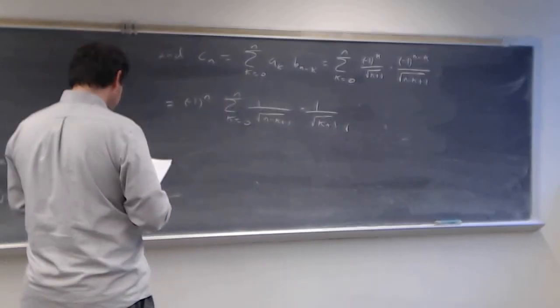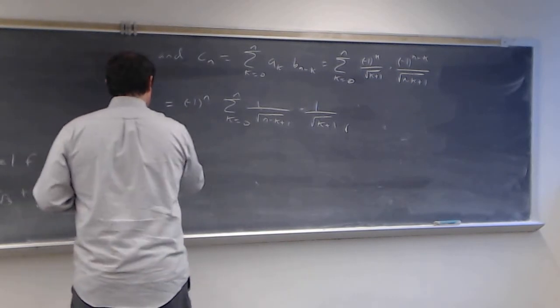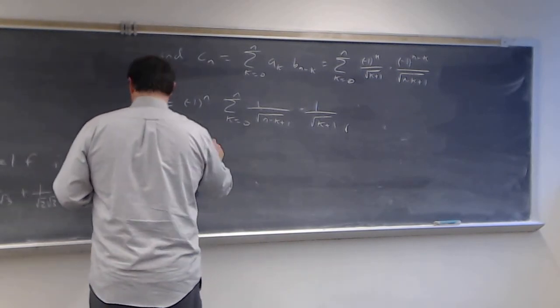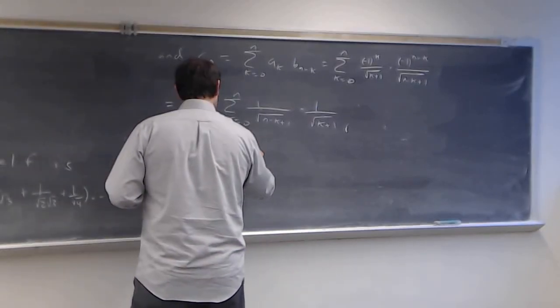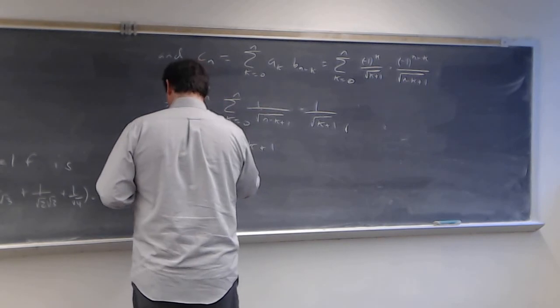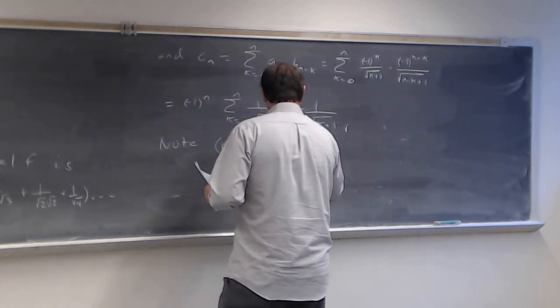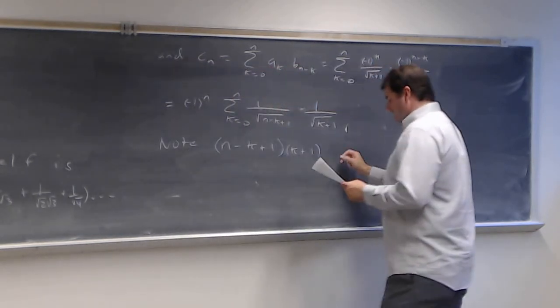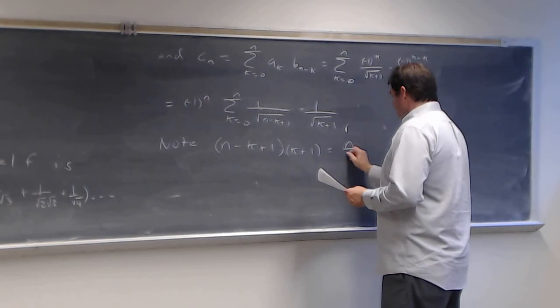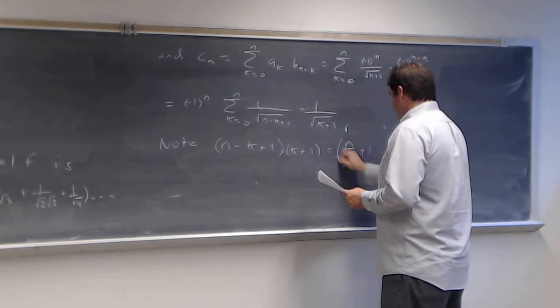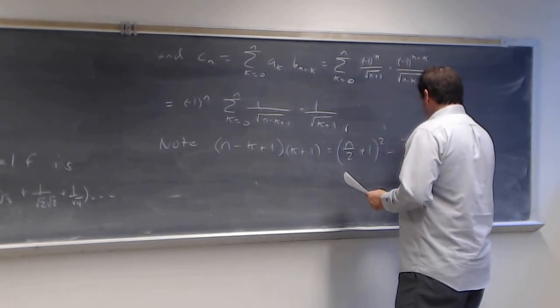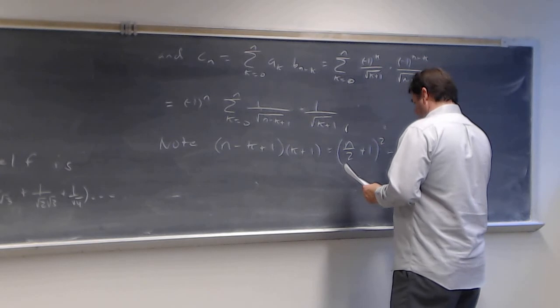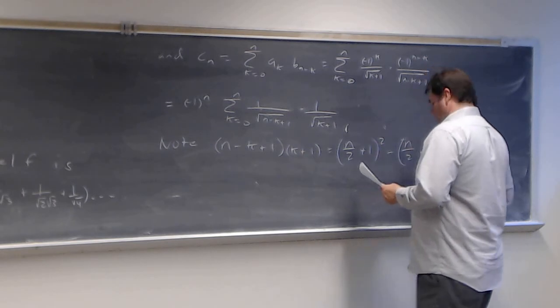And let us note, this is something you can verify, it's an algebraic manipulation, that n minus k plus 1 times k plus 1, that's the same thing as n over 2 plus 1 squared minus n over 2 minus k squared.